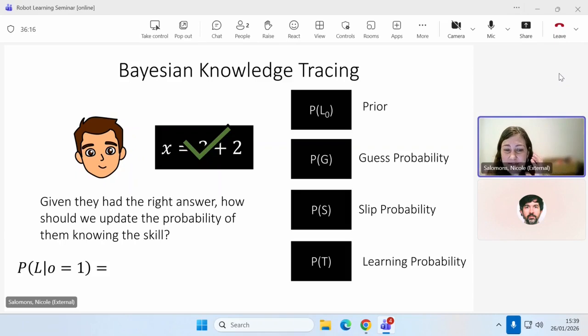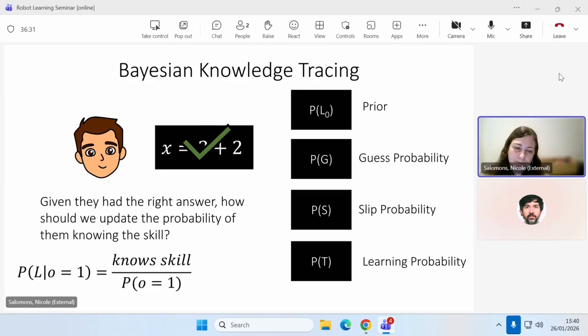Given that a student got the right answer to a question, how should we update the probability of them knowing the skill? What is the probability of mastery for a particular skill, given that we've seen they got the answer correct?